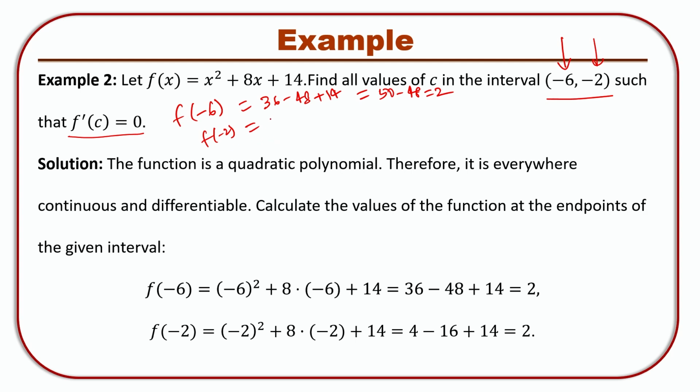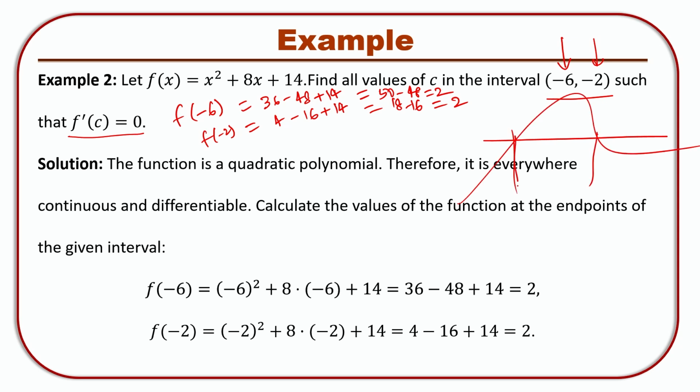Similarly, f(-2) is equal to 4 minus 16 plus 14, which is 18 minus 16, equal to 2. So now as you can see here, the function has the same value at -6 and -2, right? So between these 2 points, we must have some point C for which the function has the tangent line parallel to the axis, or the slope of the curve is going to be 0, right?